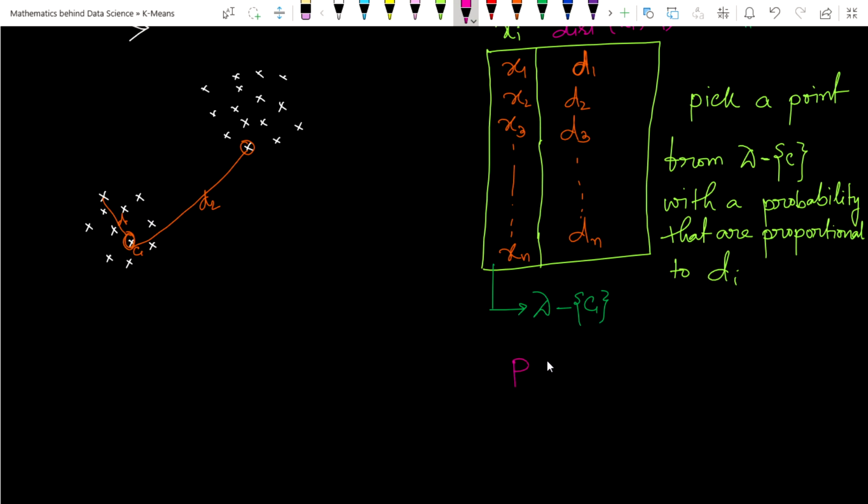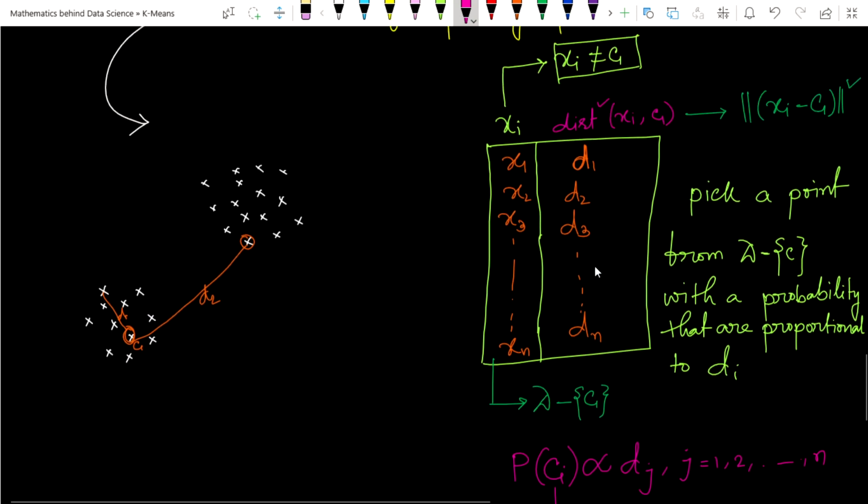Pick the next point, for the next Ci. The probability will be proportional to dj, where j goes from 1 to n, and i goes from 2 to k, because we have already picked the c1 point.